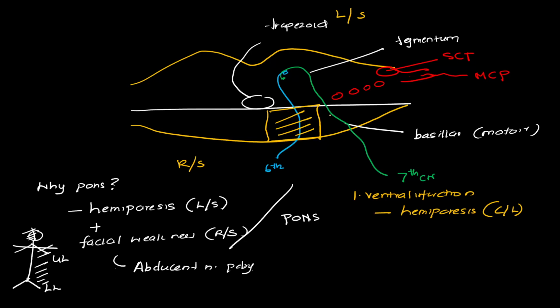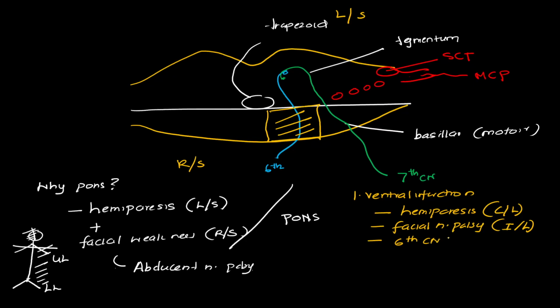Now it can affect the seventh cranial nerve as well, but the seventh cranial nerve is to the ipsilateral side, to the side of the lesion. So you would see facial nerve palsy on the ipsilateral side. Right.